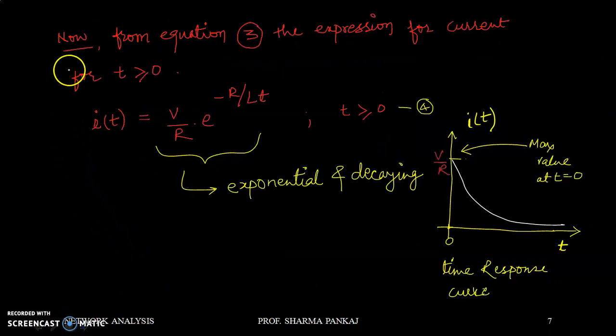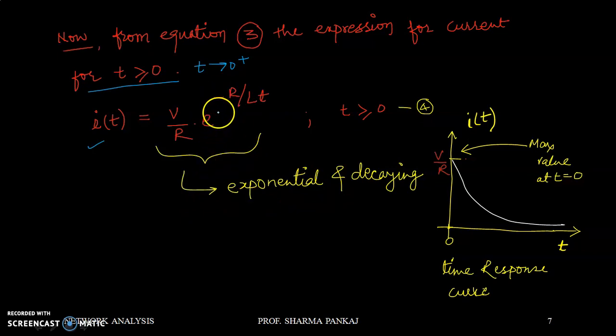Now, from equation number 3, the expression for current for time period t greater than or equal to 0, that is when t is 0 plus, is equal to V by R into e raised to power minus R by L into t. See, this is our exponential decay. Why decay? Because of the minus sign. Why exponential?